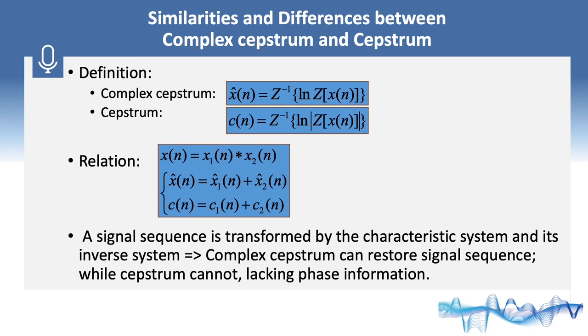After a signal sequence is transformed by the characteristic system and its inverse system, the complex cepstrum can restore the original signal information, while cepstrum cannot, because the computation of real cepstrum lacks phase information. Nevertheless, cepstrum can still be used in speech signal analysis, because human hearing perception of speech is mainly contained in amplitude information, and phase information does not play a major role.